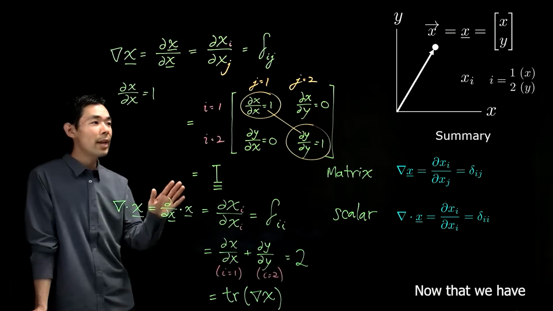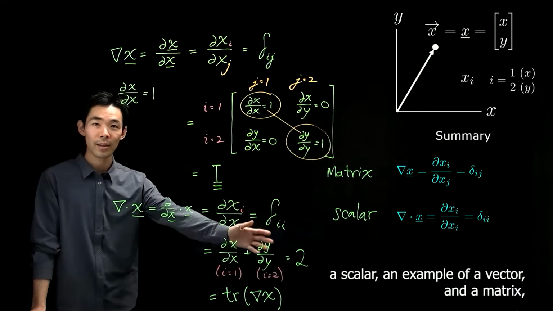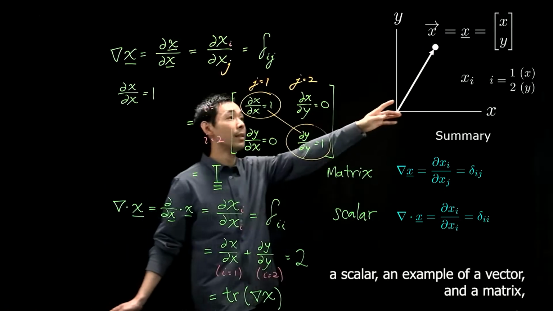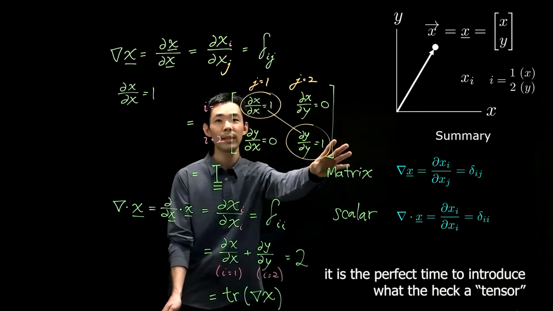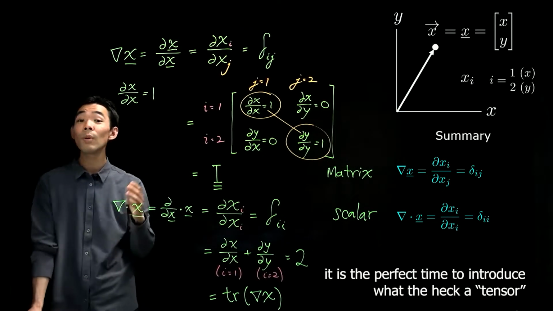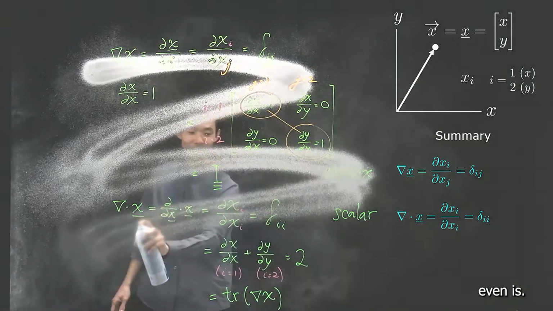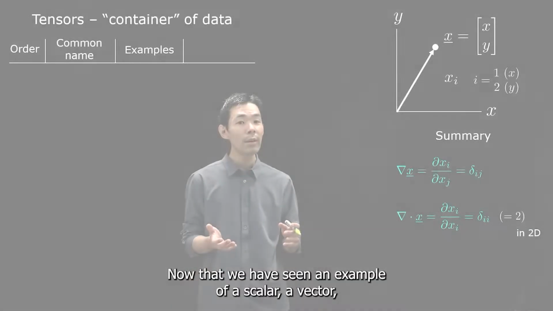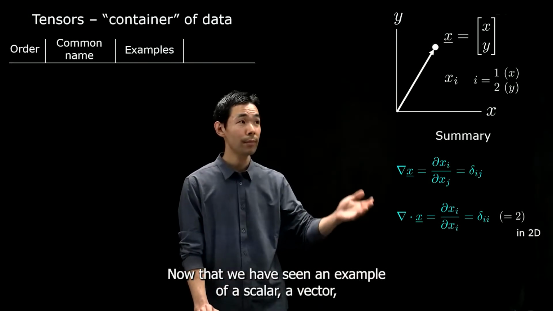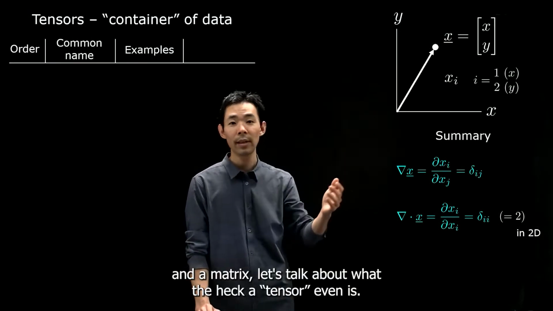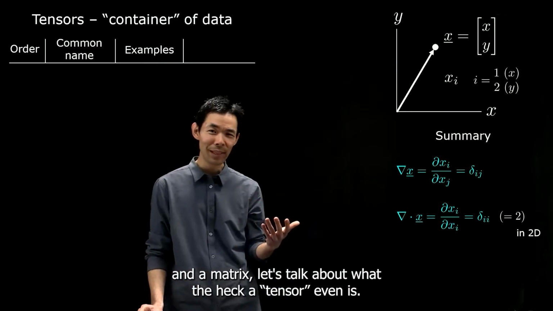So now that we have a scalar down here, we have an example of a vector and a matrix, it is the perfect time to introduce what the heck a tensor even is. Now that we have seen an example of a scalar, a vector, and a matrix, let's talk about what the heck a tensor even is.